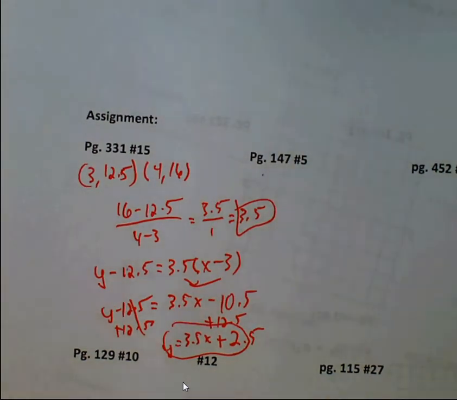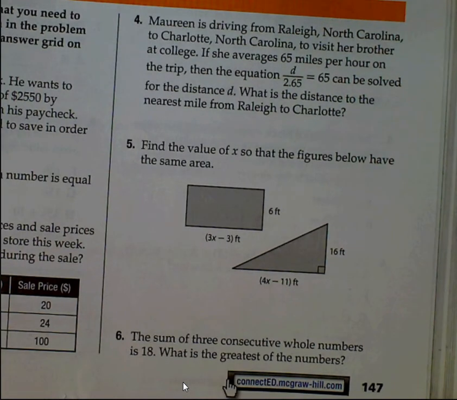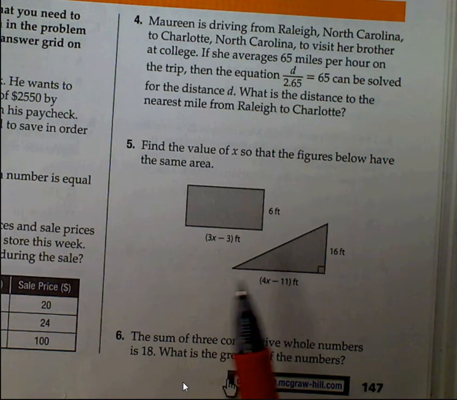Page 147, number 5. This says find the value of x so that the figures below have the same area.